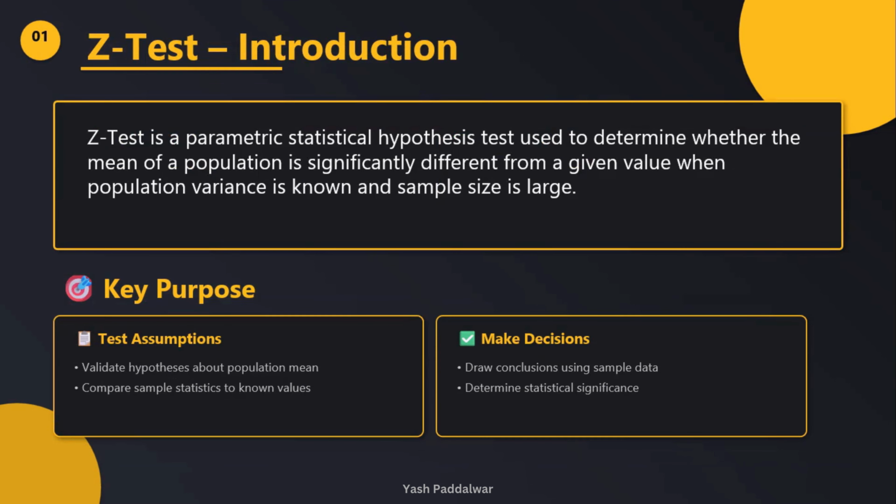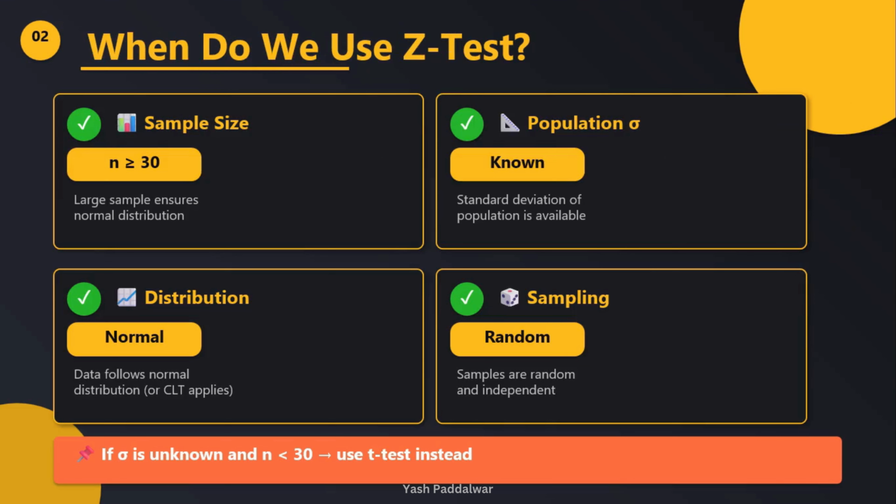Now let's have a look at the details. When do we have to use the Z test? As I already discussed, you should be using the Z test when the sample size is greater than or equal to 30. In this case, your sample is large in size and also follows a normal distribution.